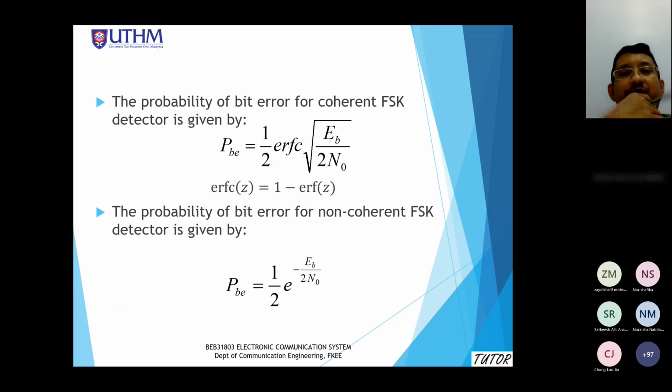And if you see from here, the probability of bit error for the FSK is similar with the probability of bit error for the ASK. Okay, FSK and ASK, the way we calculate the probability of bit error is the same. Okay, for coherent and also for the non-coherent, the equation is the same.